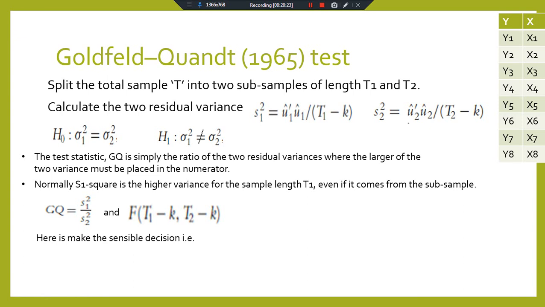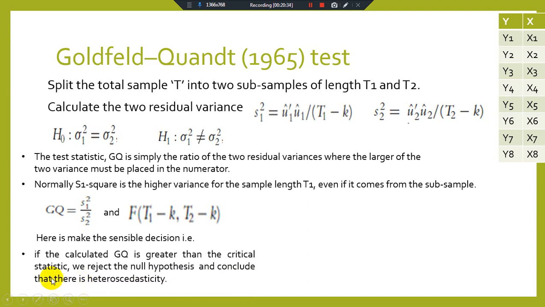Keep in mind what the conclusion is when you are rejecting the hypothesis, and what the conclusion is when you are accepting it. If the calculated GQ is greater than the critical value, we can reject the null hypothesis.